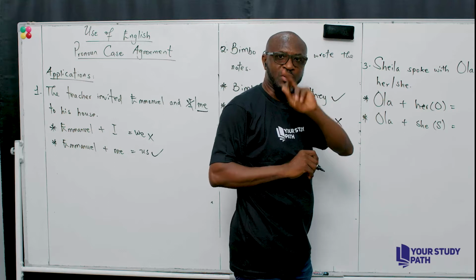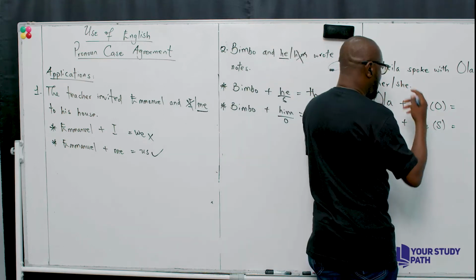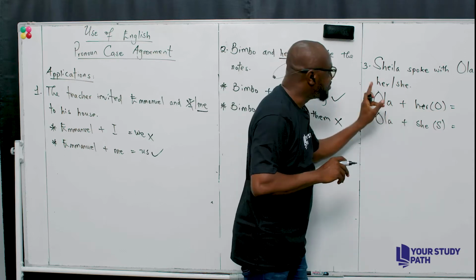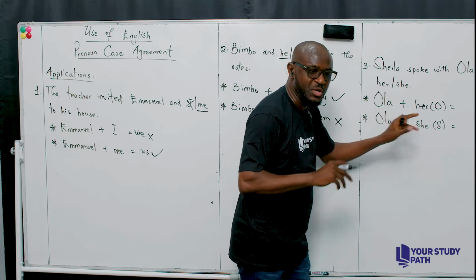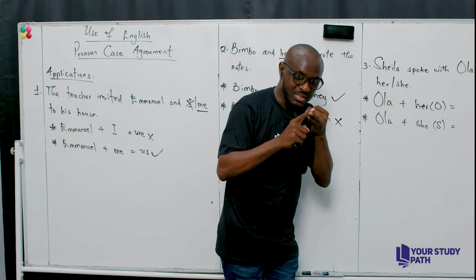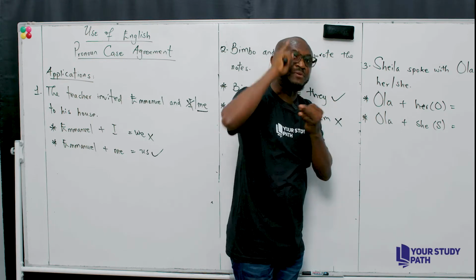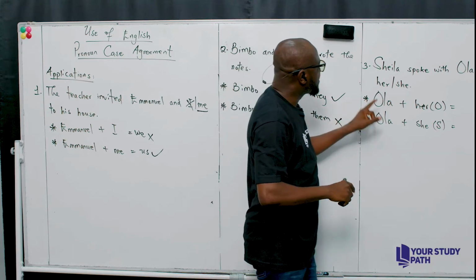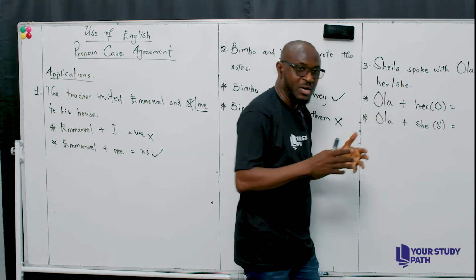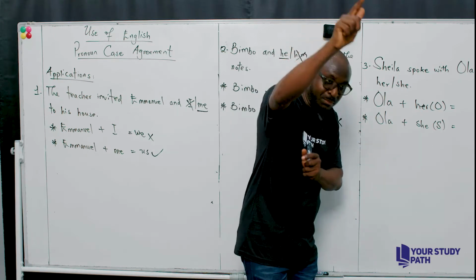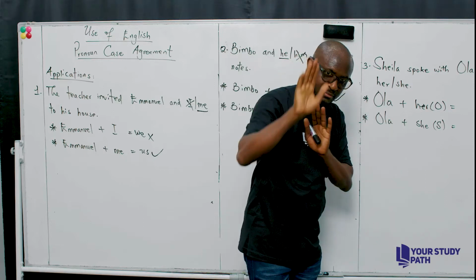So Ola plus her will give us what now? Now, the speaker here is not involved. Because the speaker is not involved, we cannot have a case of us. We either have a case of them or we have a case of they. So if we say Sheila spoke with Ola and her, or Sheila spoke with Ola and she, it could either be them or they. Do you get the point?